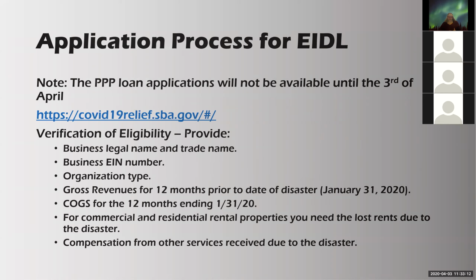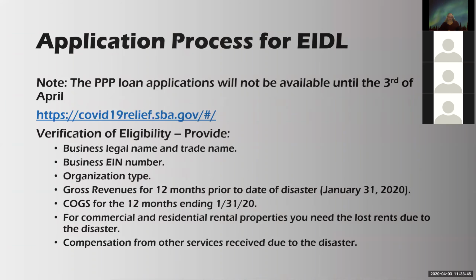Now then, I do have the application process for the EIDL. The loan applications were supposed to be available today, but they decided you have to go through your bank only instead of having them online. So you can't just go online for this one. Whereas the economic injury one, you go to the Corona Relief website, and then you have to provide a lot of information.